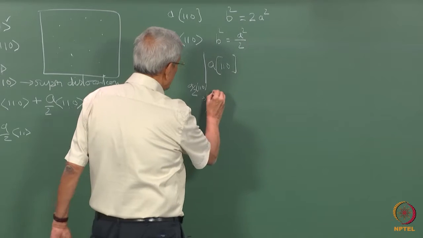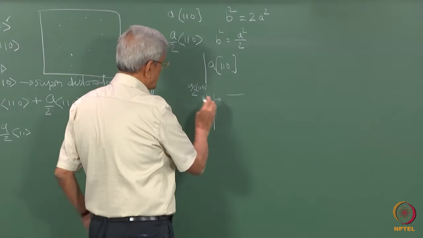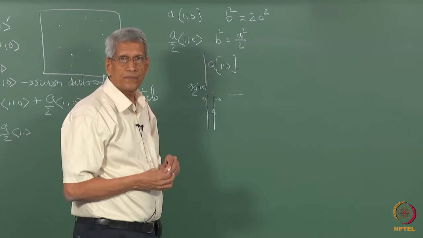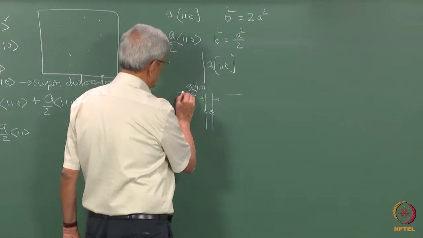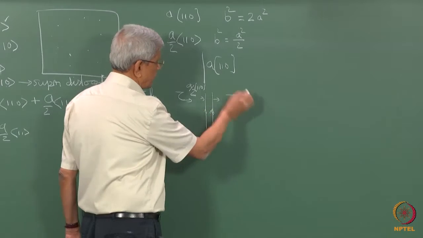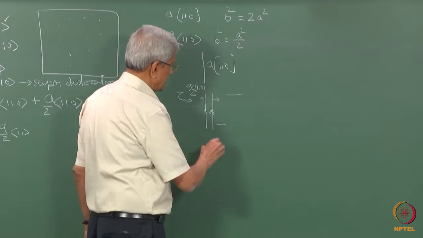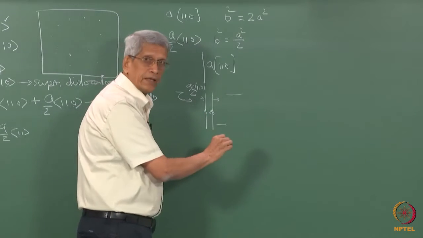When they have reached an equilibrium separation, we apply an external stress. The stress is in this direction, so this dislocation will try to move in this direction. When this dislocation moves in this direction, it is in an ordered lattice.